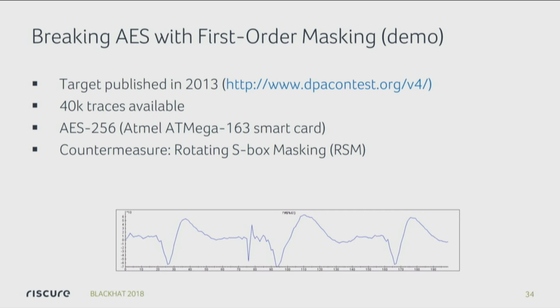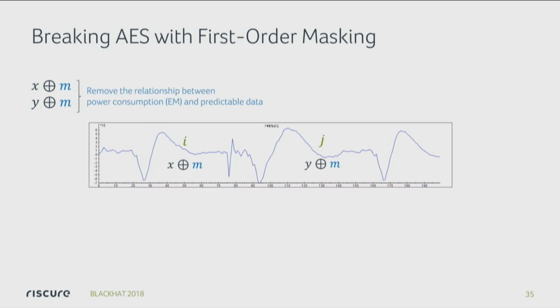The countermeasure that they use here is something called a rotating S-box masking. I won't go into all the details, but I want to give you a bit of an idea what masking means. The idea is that you try to break the relation between that value of S0 that's being processed and the power consumption.